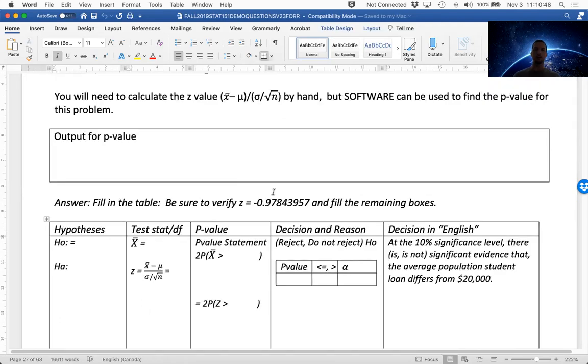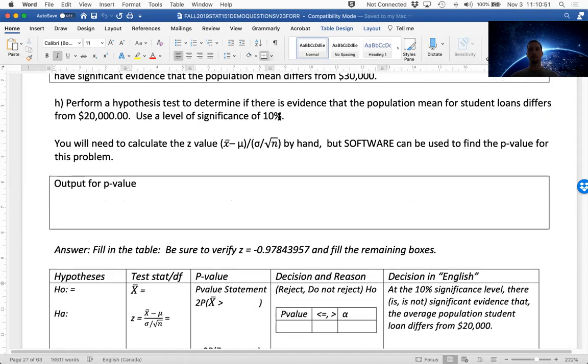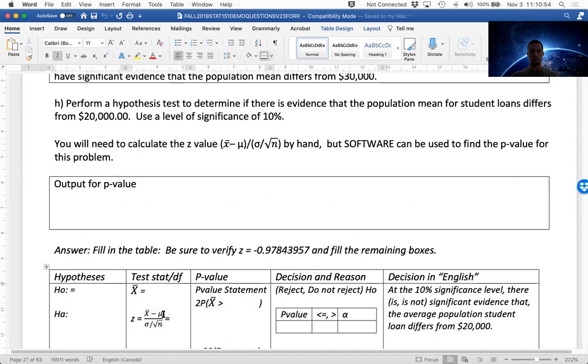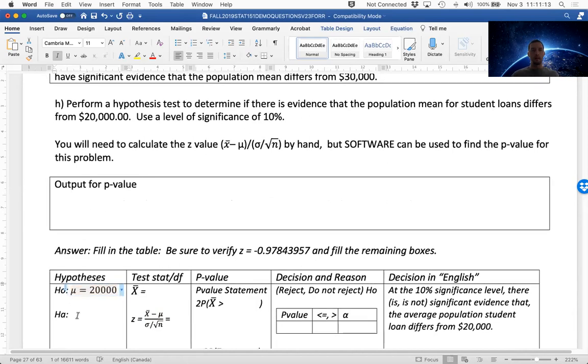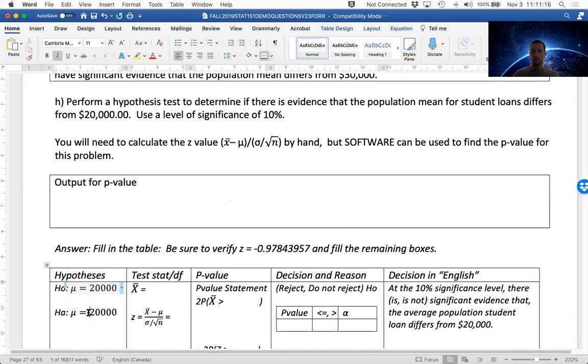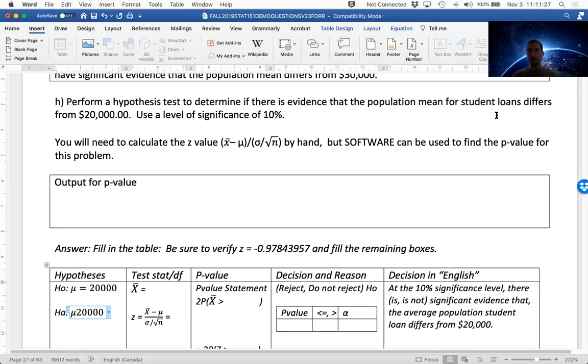So we would have H0: mu equals 20,000, versus the alternative Ha: mu is not equal to 20,000.